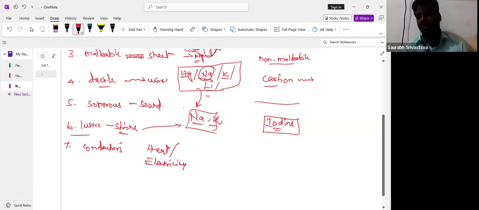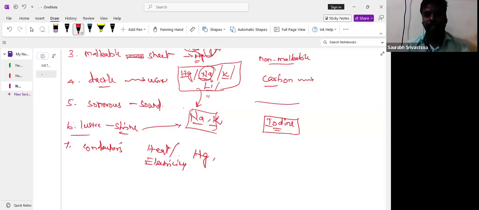Metals are good conductors of electricity. Non-metals are bad conductors of electricity. In that, metals are good conductors, but some elements are poor conductors. Mercury is a poor conductor of heat and electricity. Why? Because at room temperature itself it is in liquid form, so it is a poor conductor.